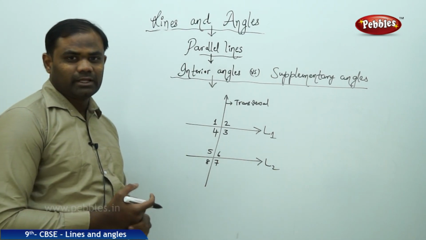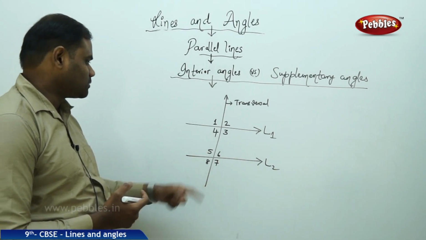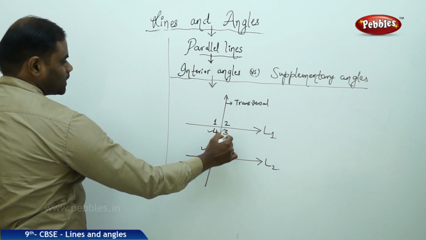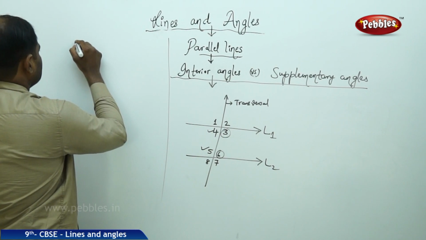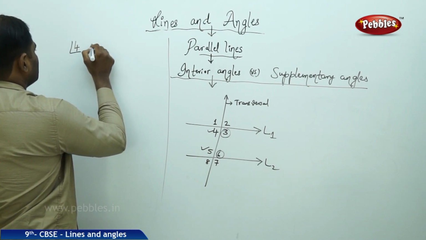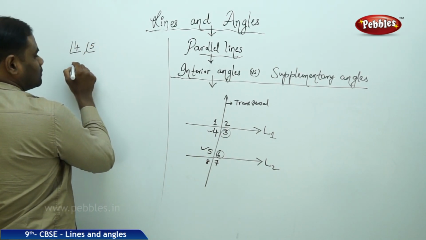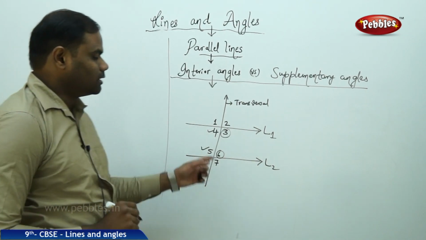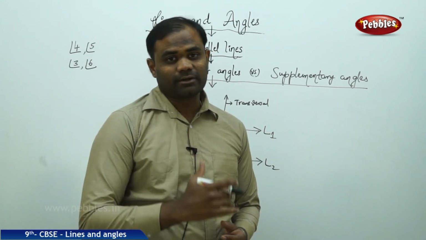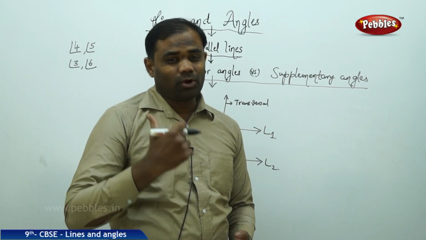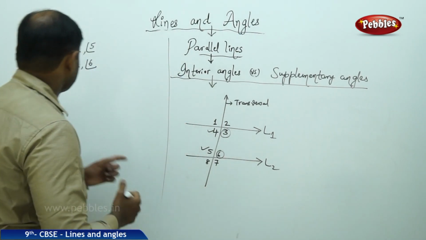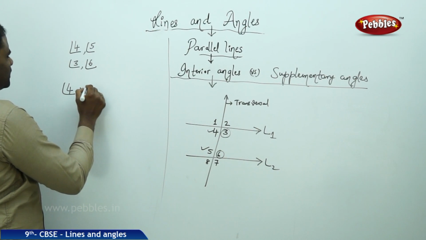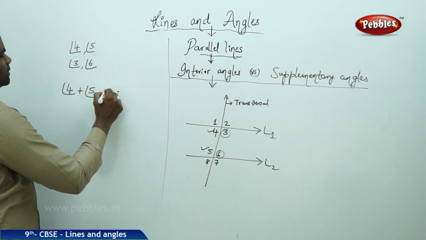Now we know that the interior angles on the same side of transversal are 4 and 5 and 3 and 6. So angle 4 and 5 and angle 3 and angle 6 are the interior angles on the same side of transversal. Now the property says that in mathematics, angle 4 plus angle 5 is always 180.